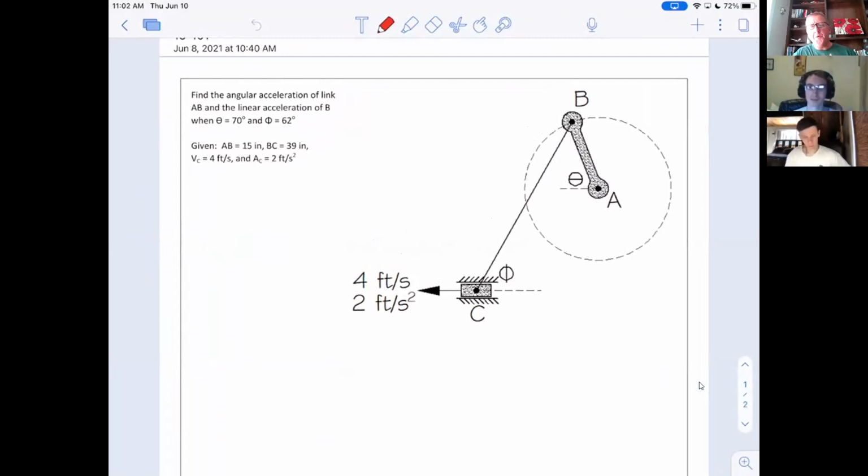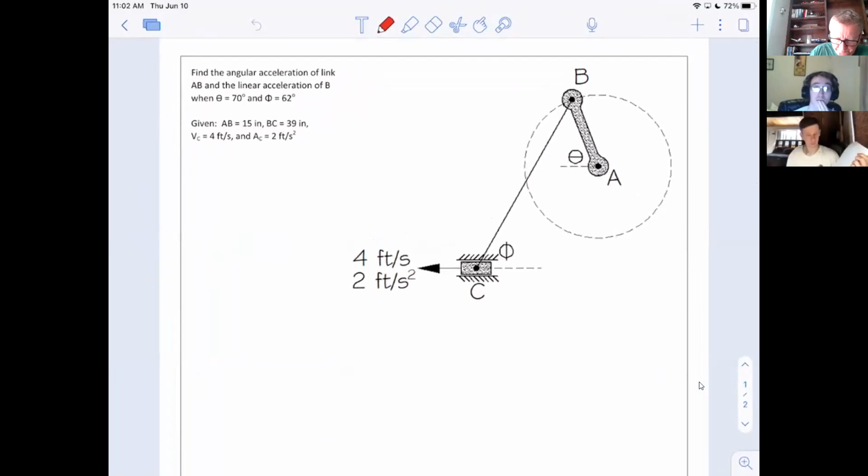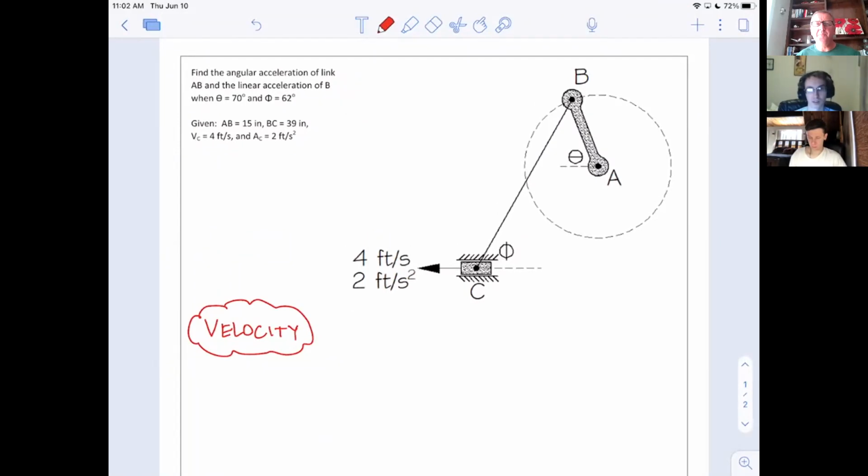If we go into practice mode for the test, let's make our first calculation for this, thinking of it like review, as being velocity. I'll have this picture up. You don't have to, but it's nice to have a picture in front of you. Let's all get the velocity right first.